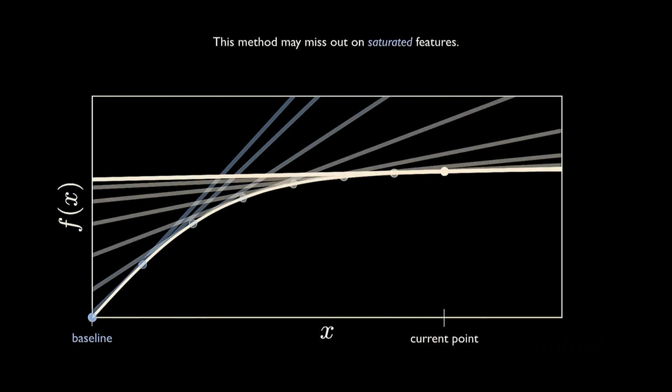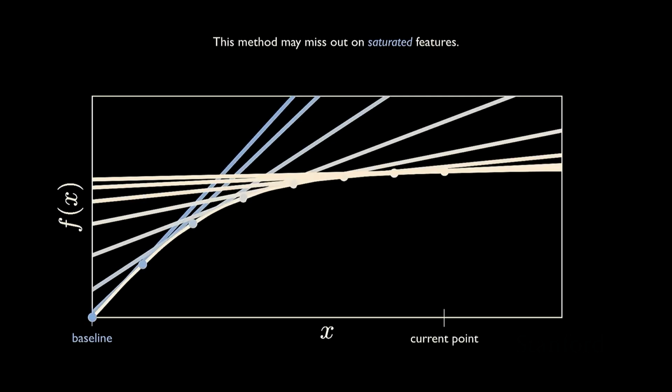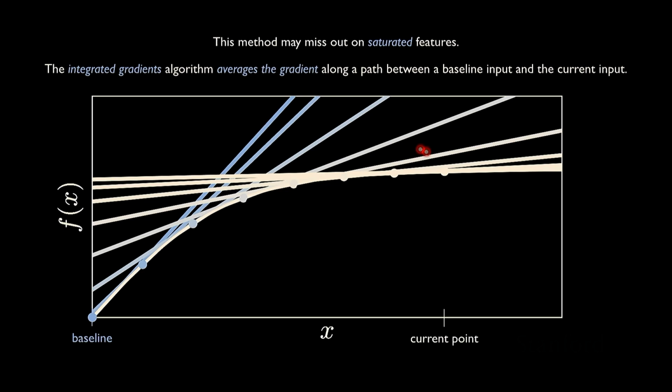Basically we average over all of these gradients, and so we'll get some non-zero, not super flat gradients to show that this output is actually sensitive to this input. This algorithm is called integrated gradients. You start from some baseline, gradually move to the current point that you're at, and then average the gradients along the way.